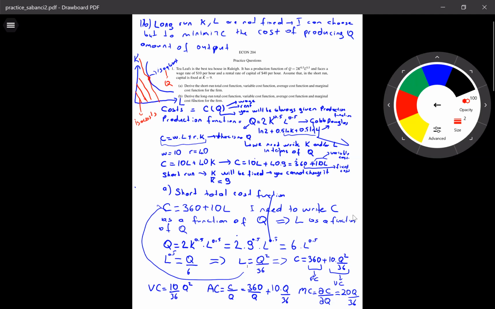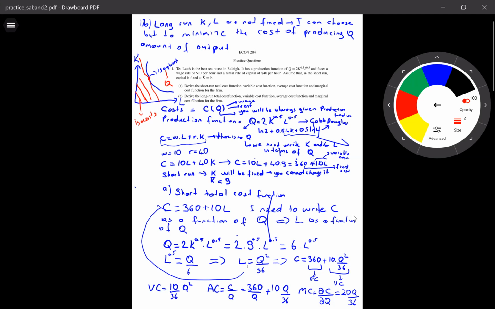This isoquant is the combination of labor and capital which gives us the production level of Q. In order to produce Q level of output, that isocost will be my minimum cost.